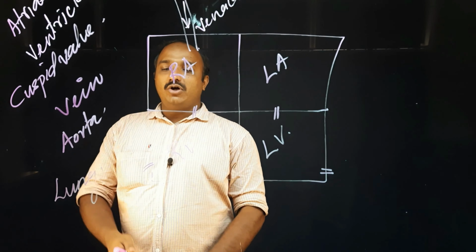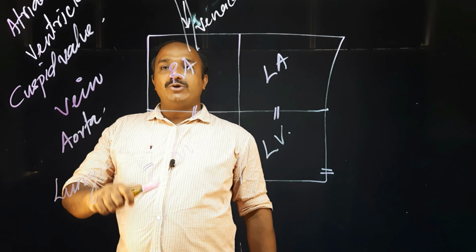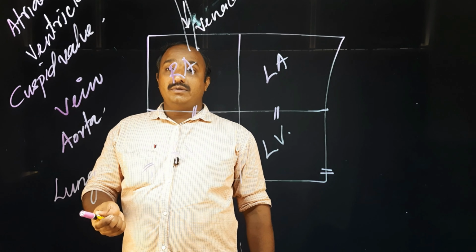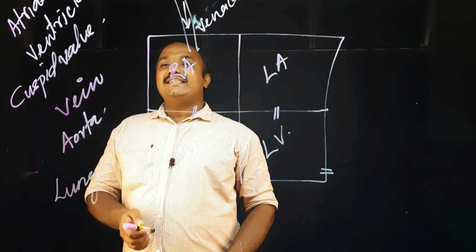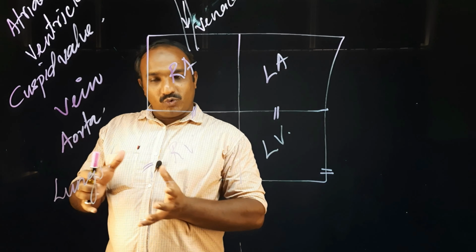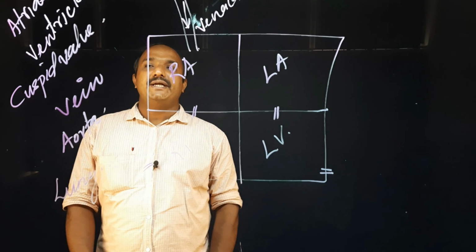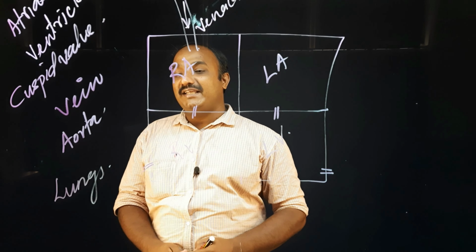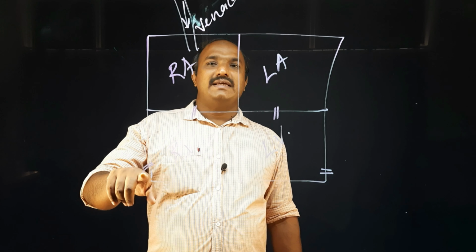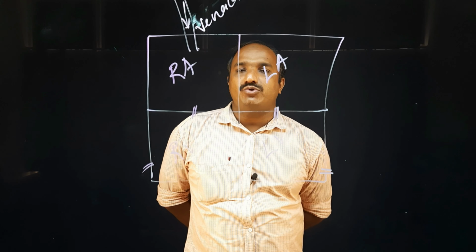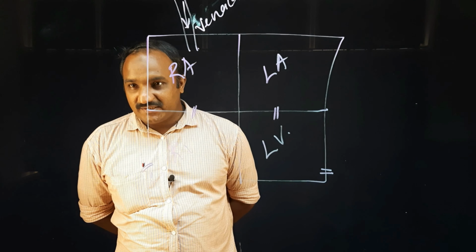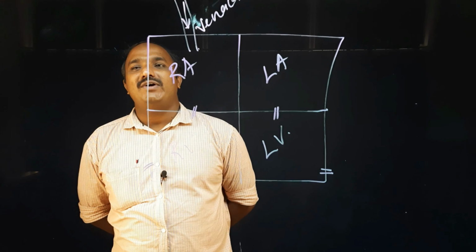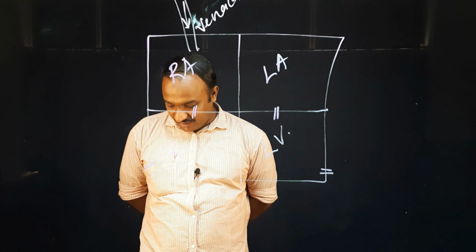So for that it is to be carried to the lungs, and it is carried to the lungs through a particular blood vessel, that is called the pulmonary artery. The impure blood will be carried to the lungs through a particular blood vessel, what is it called?